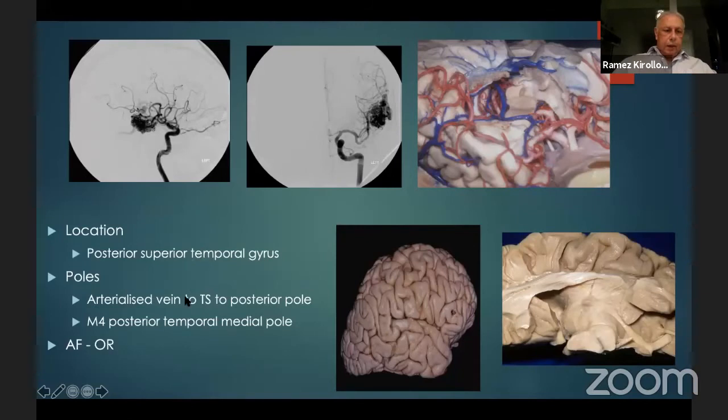And you can tell, again, it is draining towards the transverse sinus to one of the Sylvian system. And again, the white matter tract deep to it will, of course, involve the distal part of the vertical part of the arcuate fasciculus, and deeper to it, you have the optic radiation.